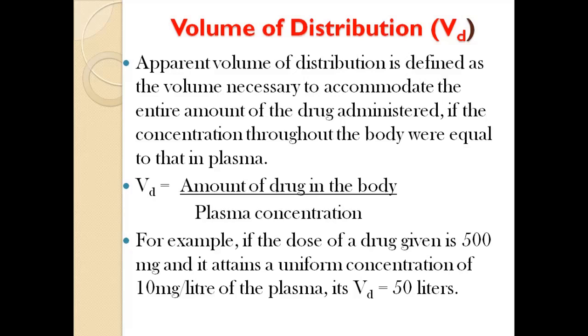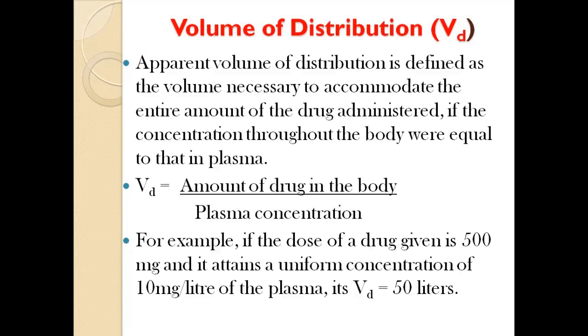Okay, to understand this better, we'll take an example. If the dose of a drug given is 500 mg, and it attains a uniform concentration of 10 mg per liter of the plasma, then its Vd will be equal to 50 liters.